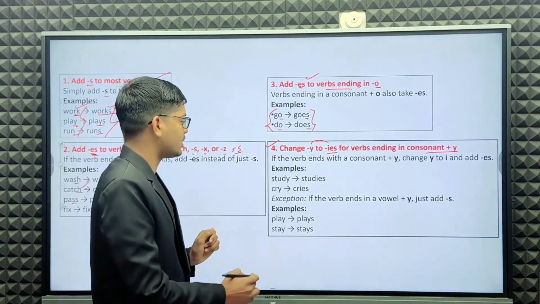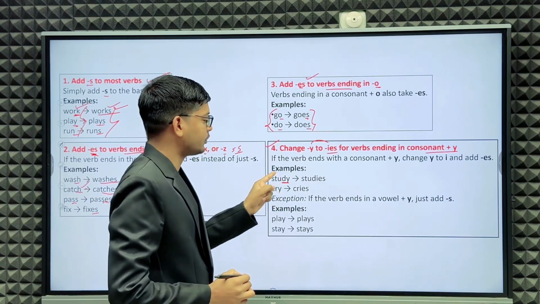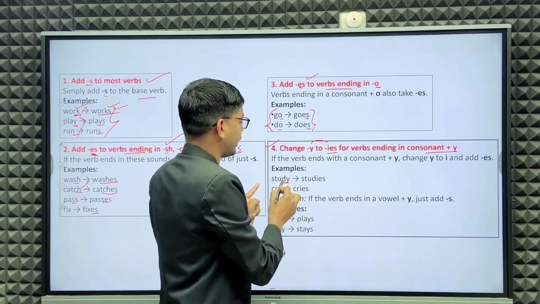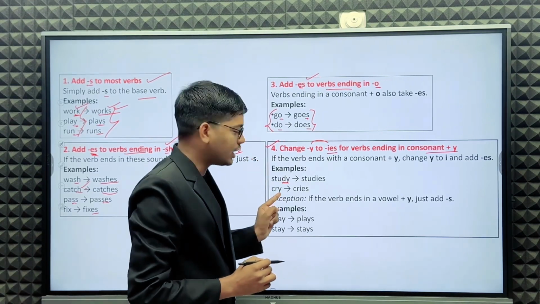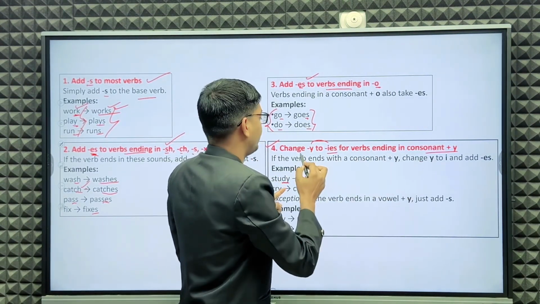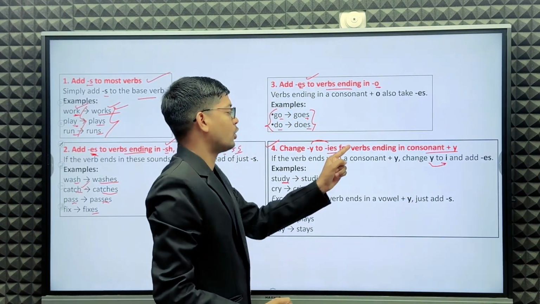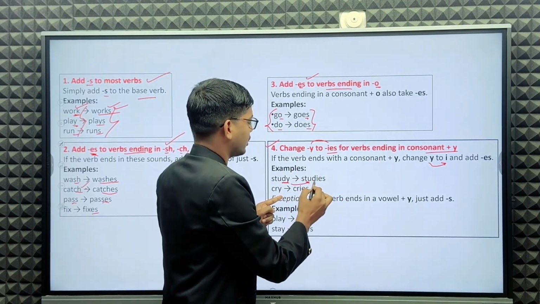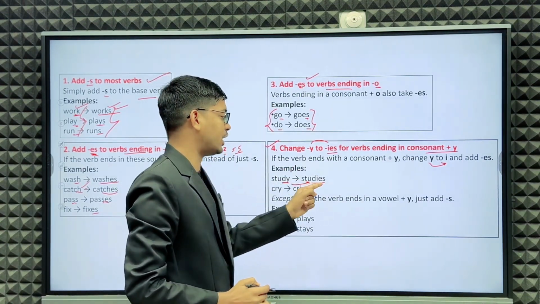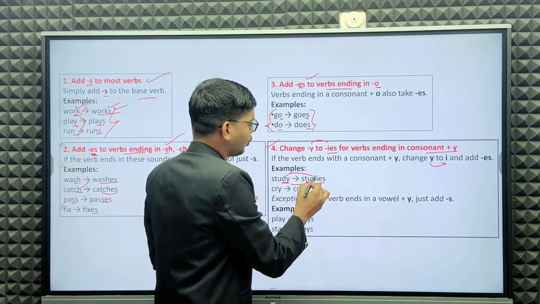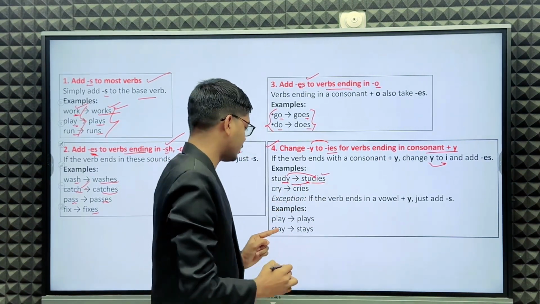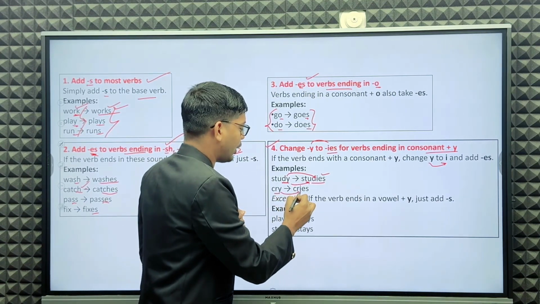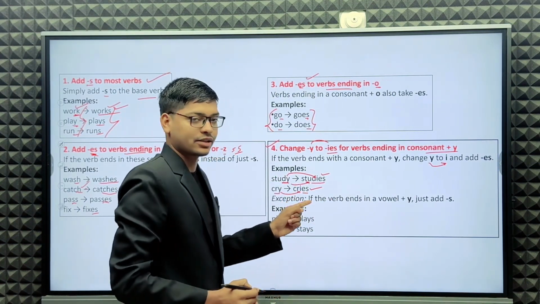For example, study ends with consonant d plus y, so we need to change y to i. Study becomes studies, because we changed y to i and added es. Next, cry: consonant plus y, so we change y to i and add es, so it makes cries.